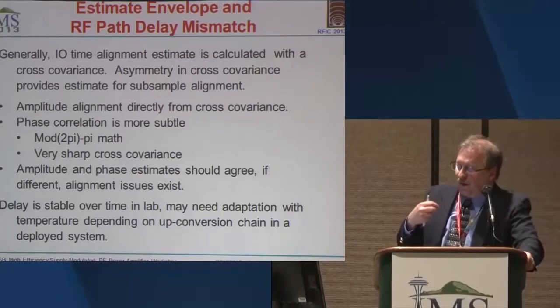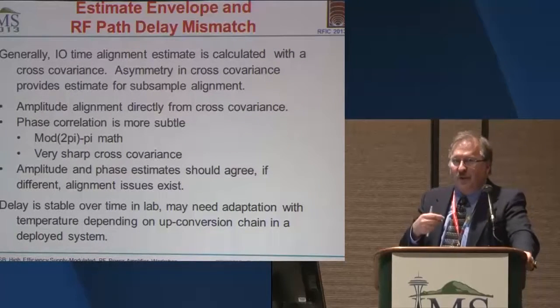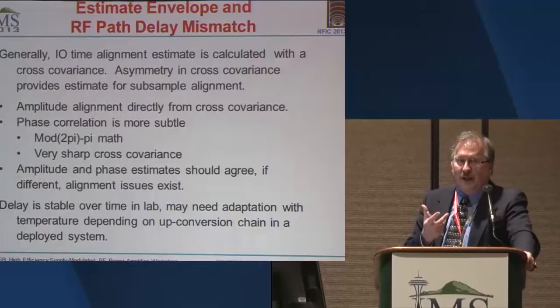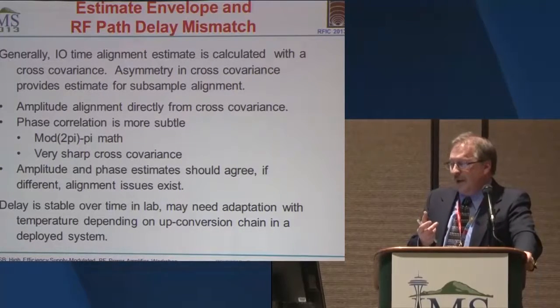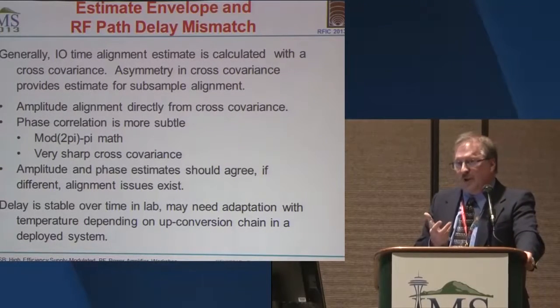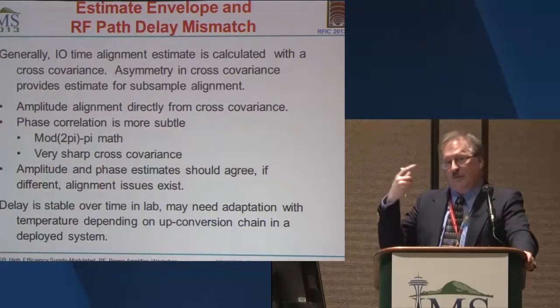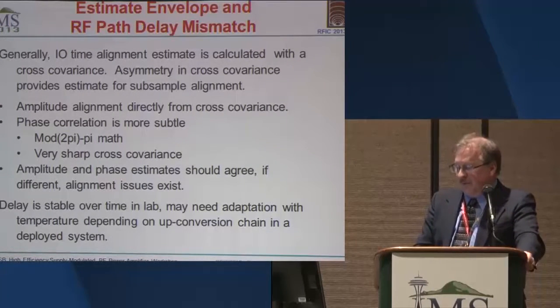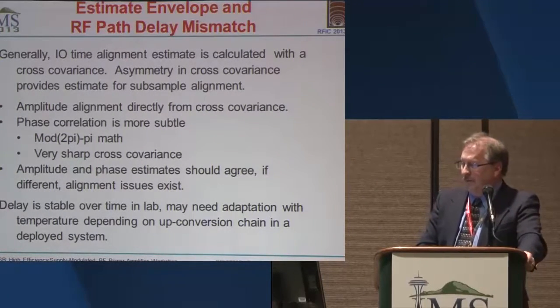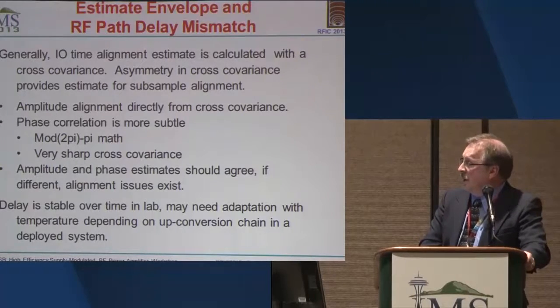The next step was to go through and look at the phase cross covariance, and make sure that we do that in a mathematical domain that makes sense. We want to make sure that we're using modulo 2 pi math on this, and we're not wrapping around the breakpoint in that numerical system.